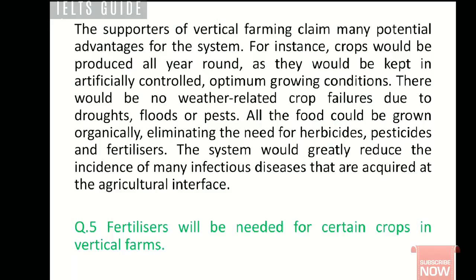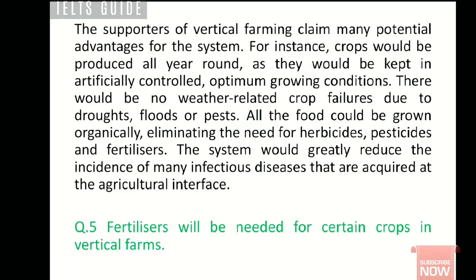All the food could be grown organically, eliminating the need for pesticides and fertilizers.